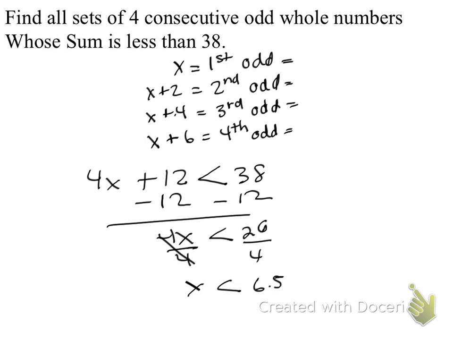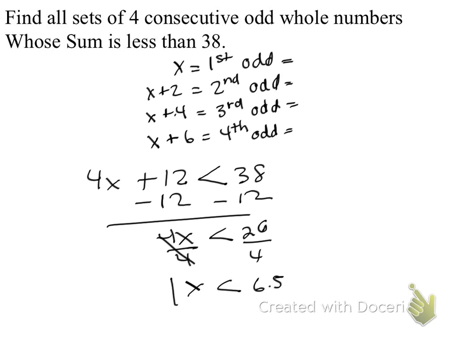So now make sense of the answer. What is the closest odd integer that you think would be the answer? Let's go with Charlie. 5. Did anybody choose 7?